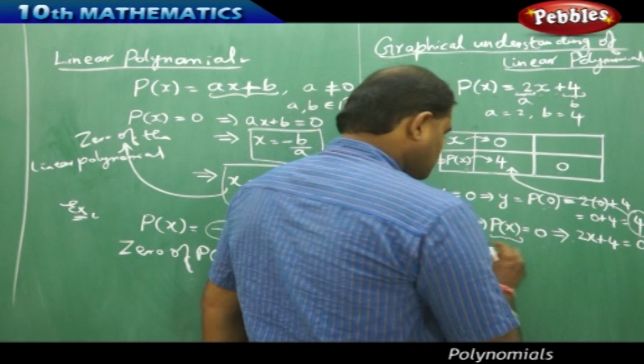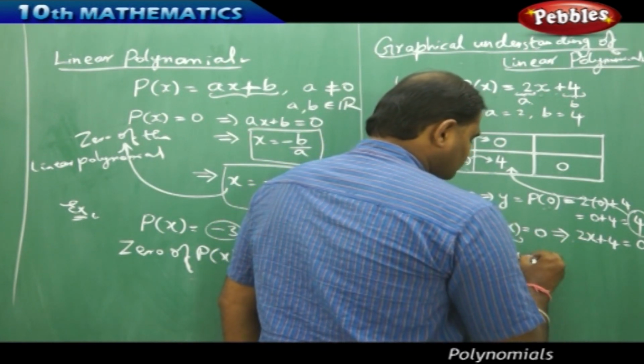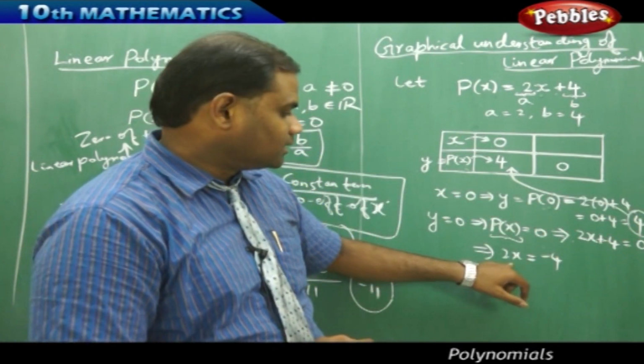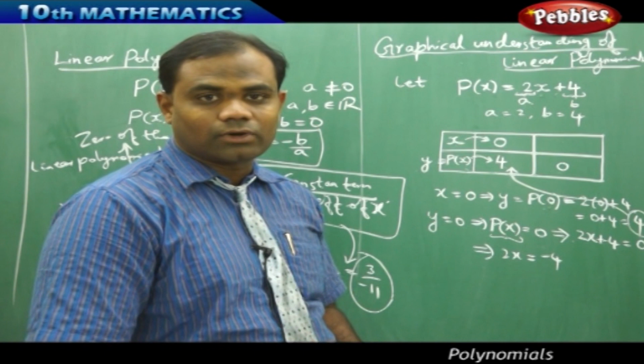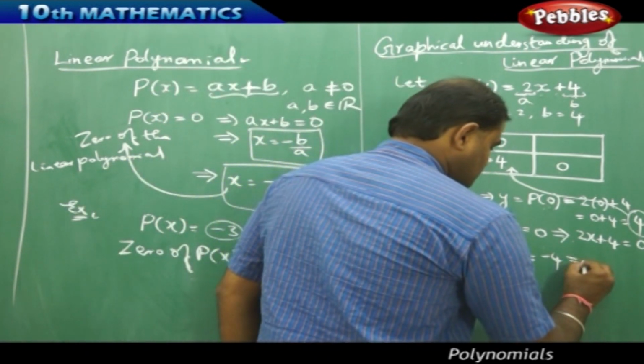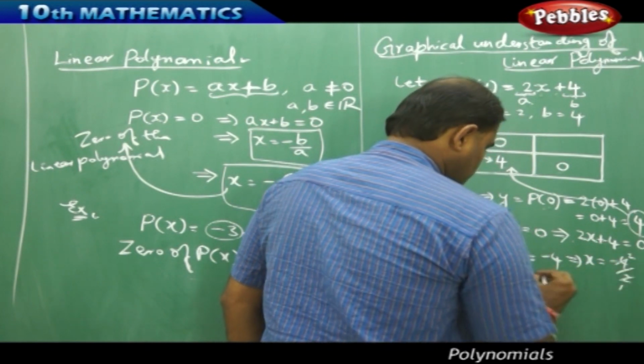Then when I simplify this, plus 4 comes to the right as negative 4, and therefore I get 2x equal to minus 4. And then finally, I will find the value of x, which comes as x is negative 4 over 2, 2 ones, 2 twos.